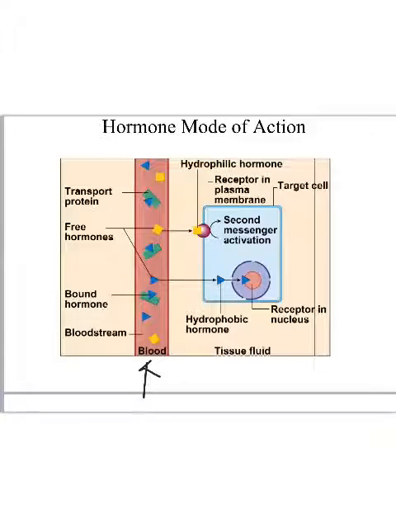Out here we have some hormones, so free hormones, and then we have some that are bound to proteins. If they're bound to proteins, that means that they're hydrophobic. So the hydrophobic have to be bound.